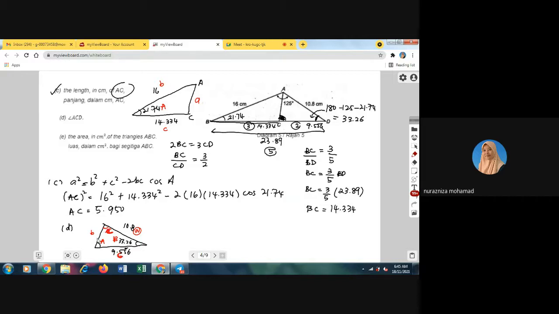We already have the length of AC. Just now we got the length of AC is 5.950. So now here is 5.950. You have a lot of information, so you can use the sine rule.